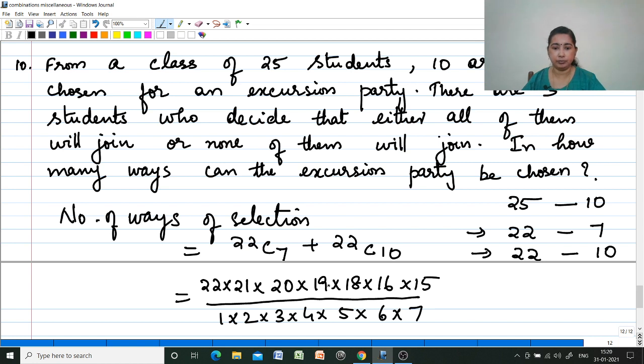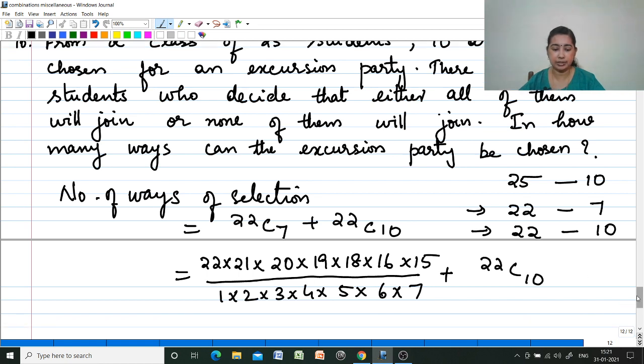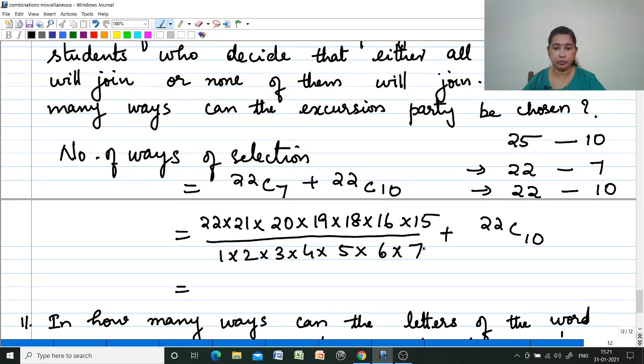Then in the same way 22C10 also we have to find. Simplifying both, we will get the answer as 817190.